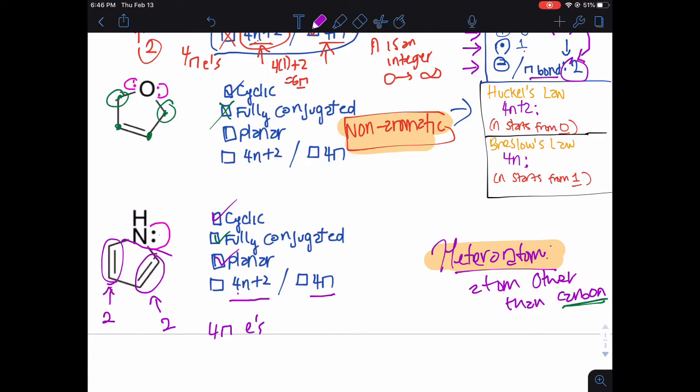That would not be good because 4 pi electrons means it's following 4n, right? Meaning it's going to be anti-aromatic and unstable. So we need to see, if nitrogen were to donate its electrons into this structure, would it become aromatic or not?